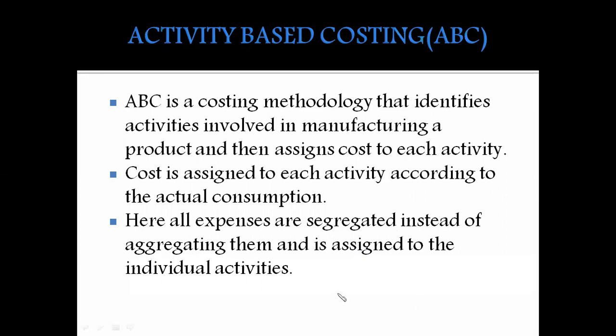Taking total expenses will not work in the ABC methodology. Aggregating means bringing it together, so no aggregation is happening here. We are separating all the expenses, and these expenses are identified and assigned to each activity.